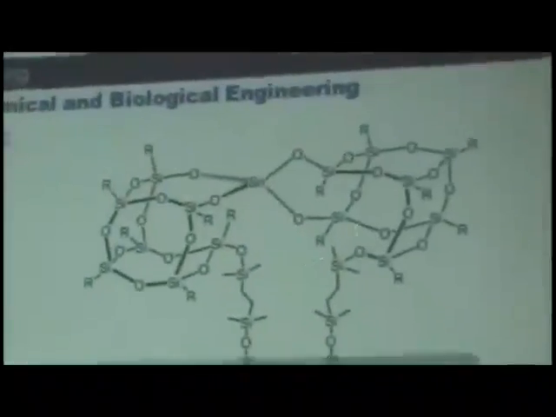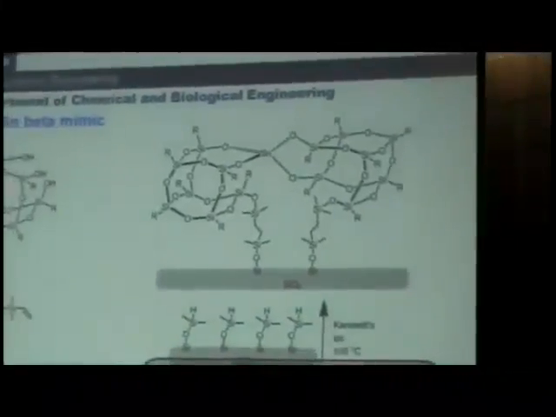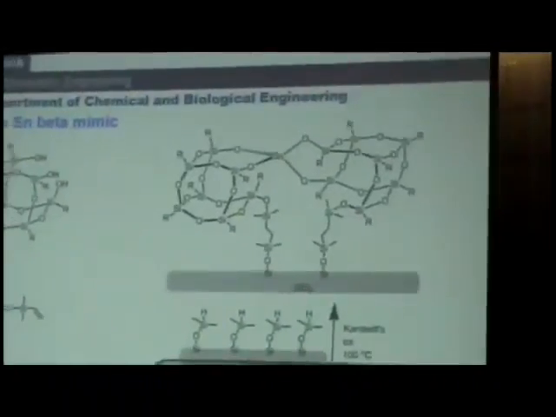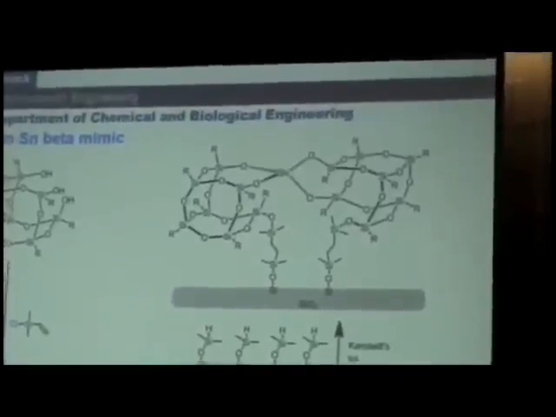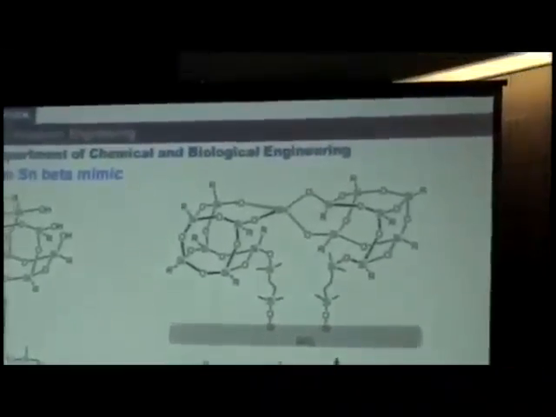If you can generate a tin in an isolated form as such, that is still in the tetrahedral coordination, we may be able to control the environment of this tin much more easily. Right, so that's our driving force behind it.